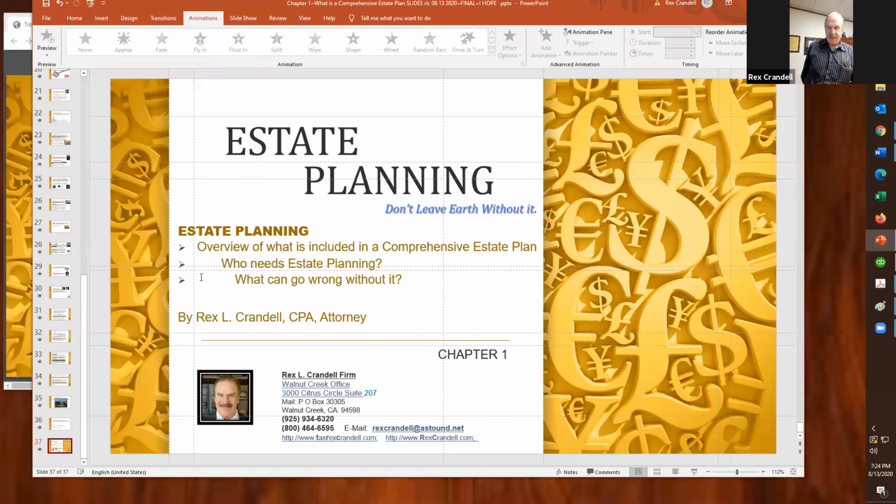So what happens, and it's really important, if you have a will and then later you're brought into a care home and have to have Medi-Cal pay for your $5,000 a month living costs, when you pass away, if you have only a will and you go to probate court, Medi-Cal, Department of Health Services, will do a clawback and take every dollar that they gave you out of all your assets. So you qualify for it by not having a lot of liquid assets. They'll allow you to have a house, that's not included.